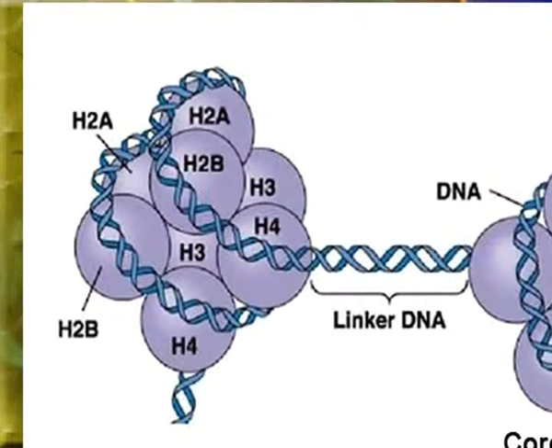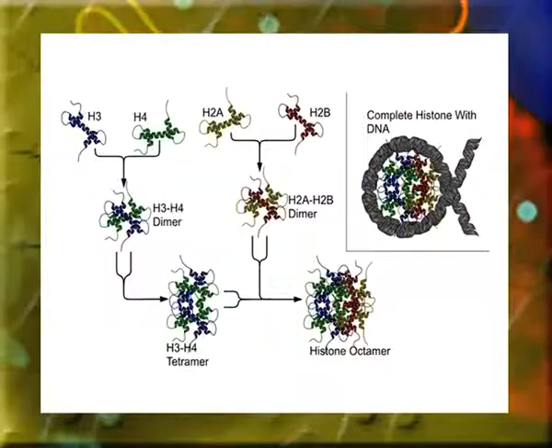These are known as the core histones. The core histones are present in equimolar amounts with 2 molecules of each per 200 base pairs of DNA.